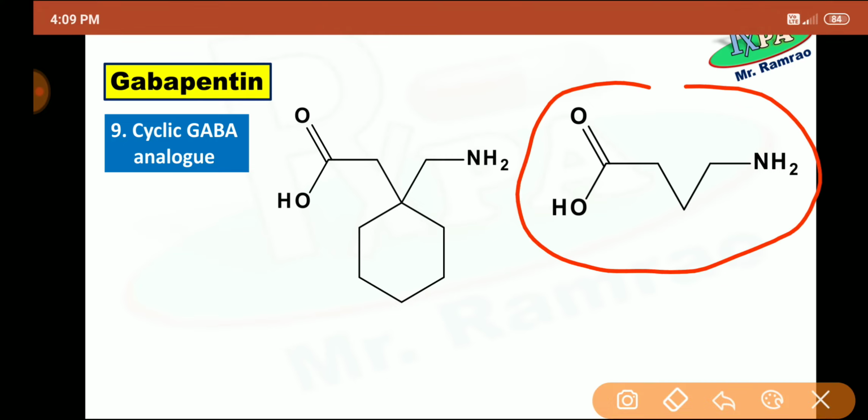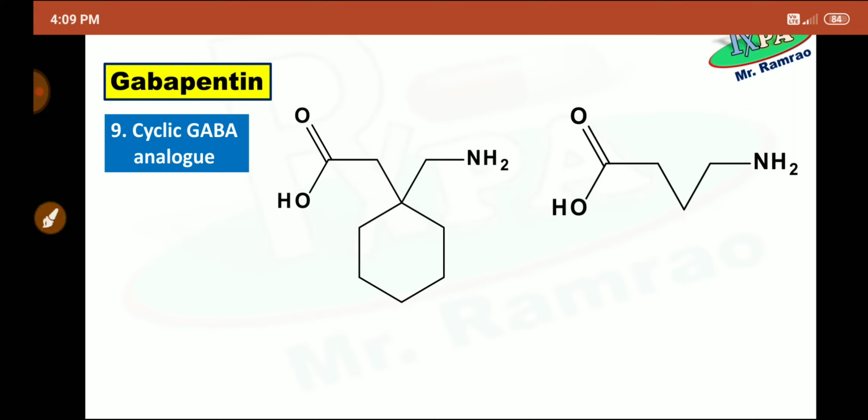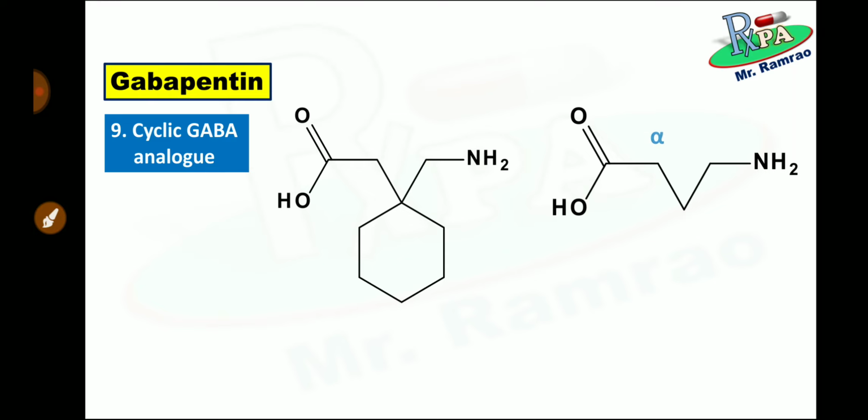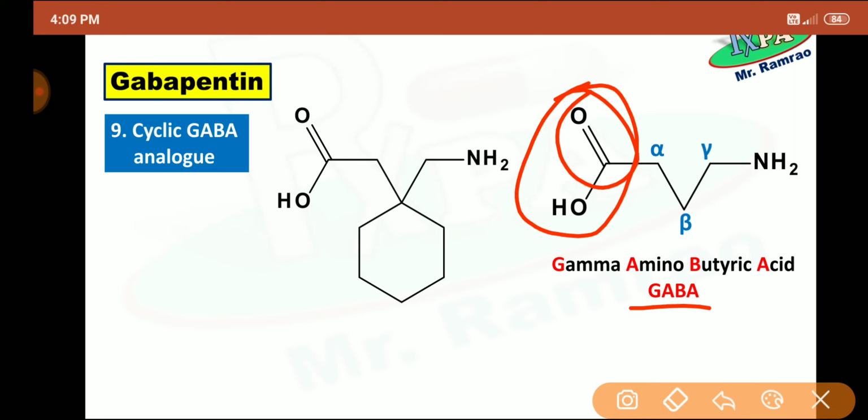For the molecule drawn over here, first we will give the alpha, beta and gamma symbols, then we will see how the IUPAC name is given. It is GABA. You know, this is the carboxylic acid group, and the adjacent carbon is known as alpha carbon, the next carbon is beta carbon, and then the next carbon is gamma carbon.